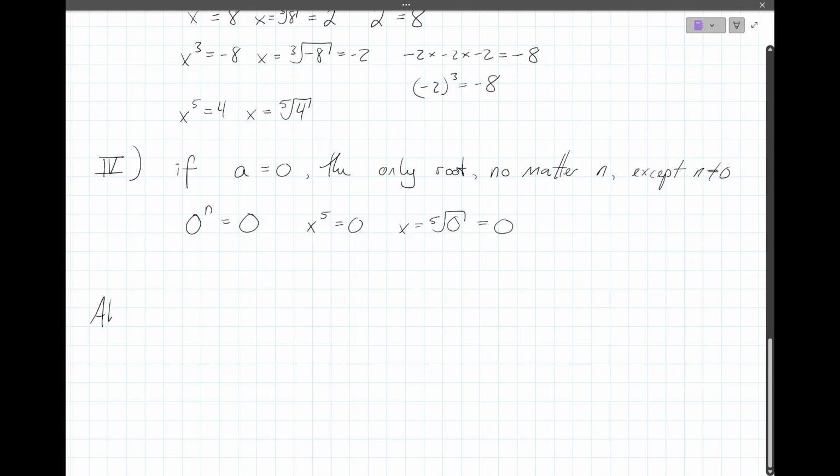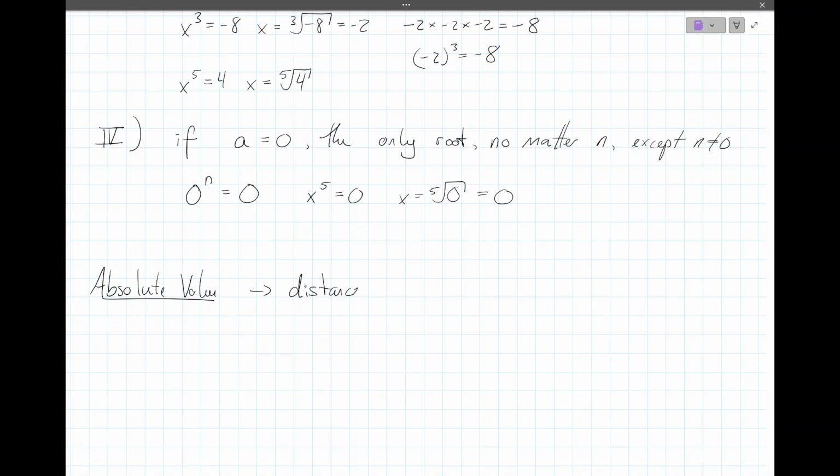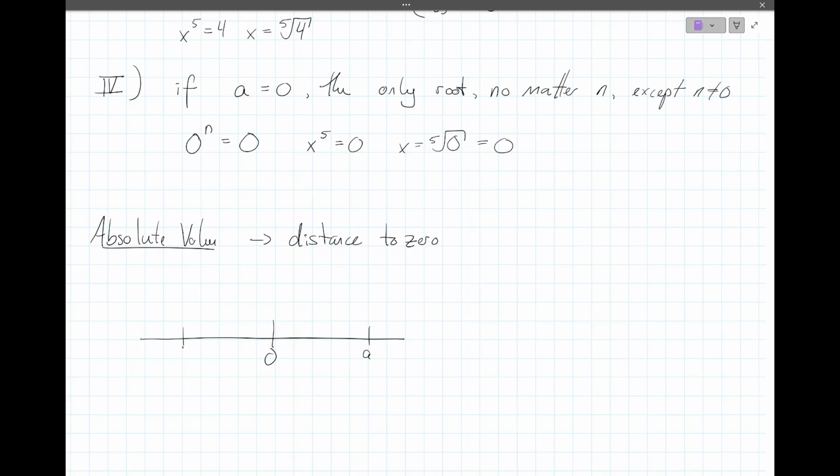Absolute value, a new thing for some of you. All that we're looking at is distance to 0, right? How far is your number away from 0? But it also makes something positive. So if I had 0 and I had some number a and -a, well then the absolute value of a is a.